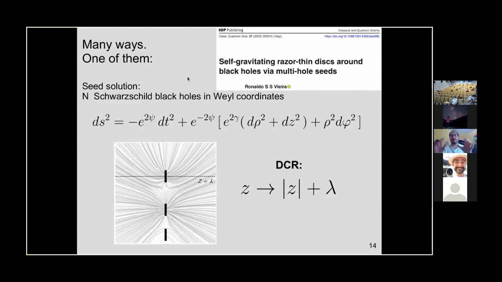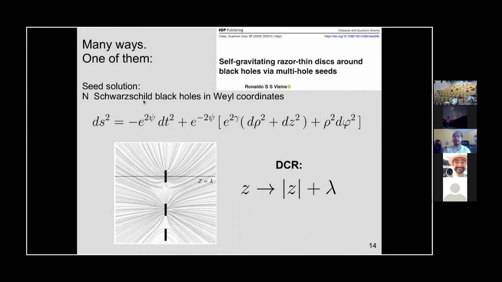So in order to construct the disk, we must have a seed solution, a solution which will be transformed into the disk. So we got a solution. I didn't write it here, but the solution of Israel and Khan from the 60s, in which they get, in Weyl coordinates, Schwarzschild black holes.